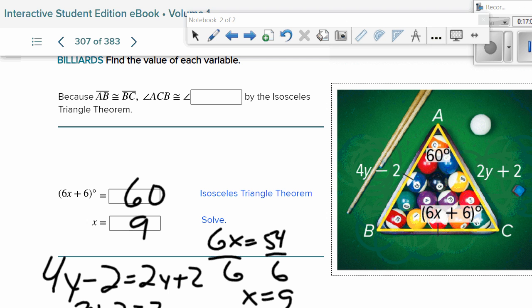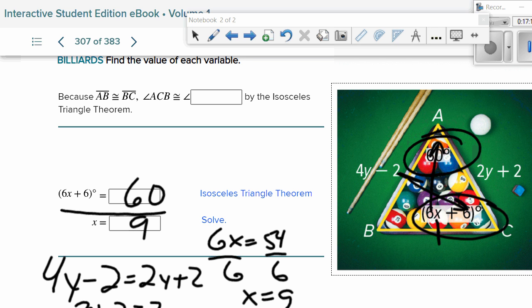This was an angle back here, and because these two sides are equal, then this angle here has to be equal to that angle there. They told me that was 60. So that's why we were able to do this.